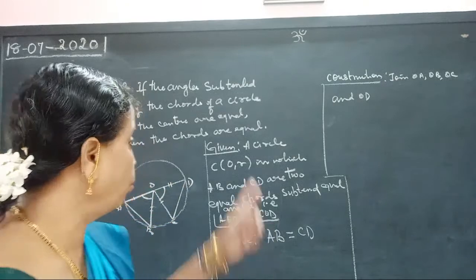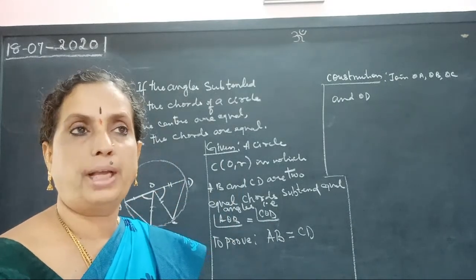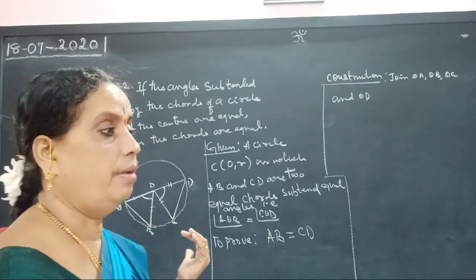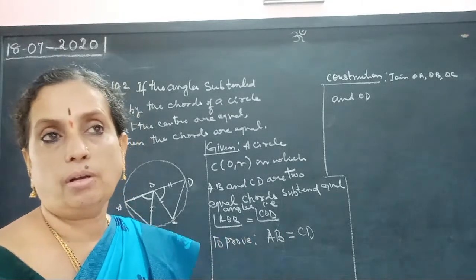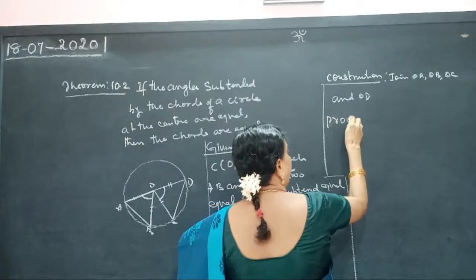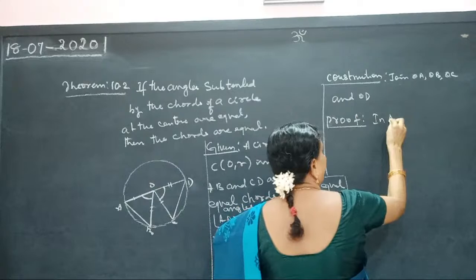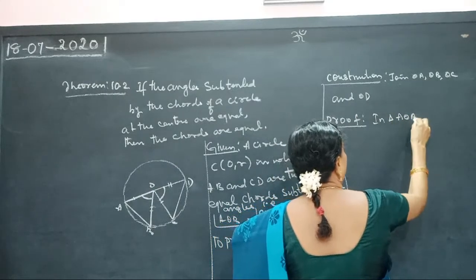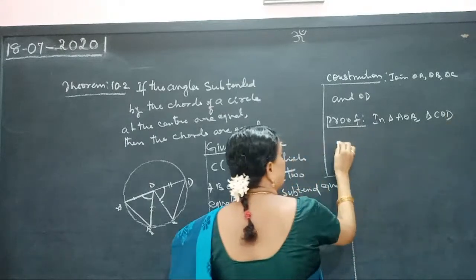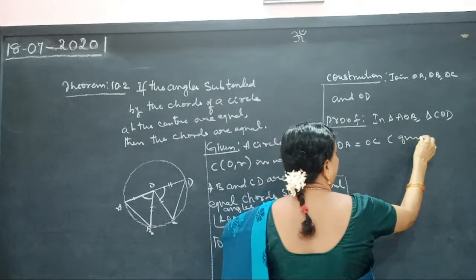Now you have to write two triangles. We have to consider those two triangles, and by SAS congruency we can show that the triangles are congruent. So you have to do it under the heading proof. That is, in triangle AOB and triangle COD, OA equals OC, given.